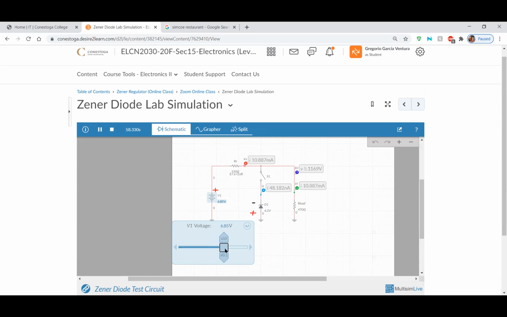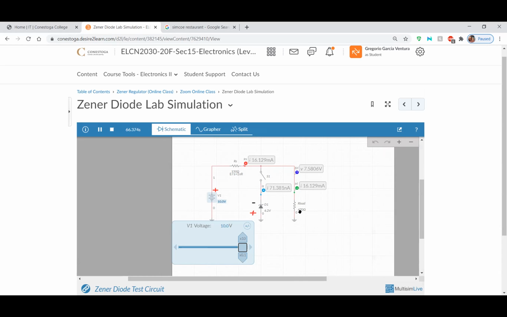If I increase my voltage all the way up to 10 volts, you can see that the current is going to be the same on RS and also on RL. The current on this ammeter is exactly the same as the current on this other ammeter because we have a simple series circuit.